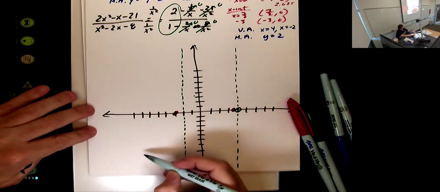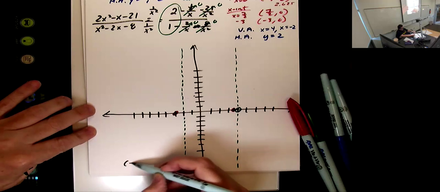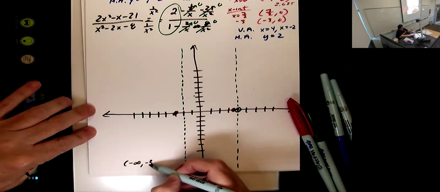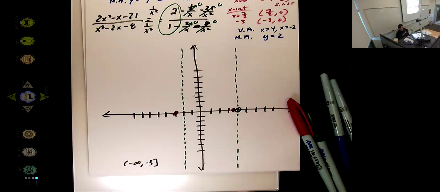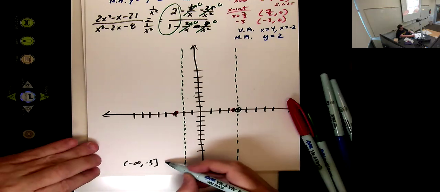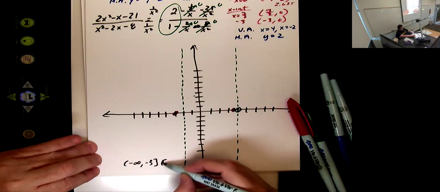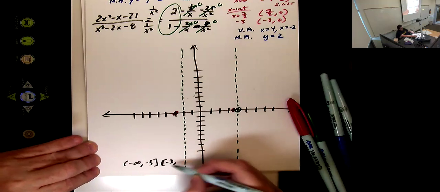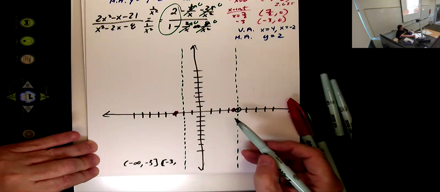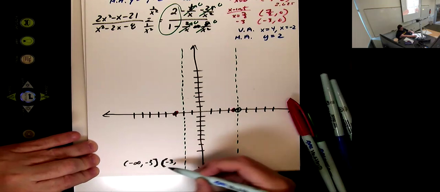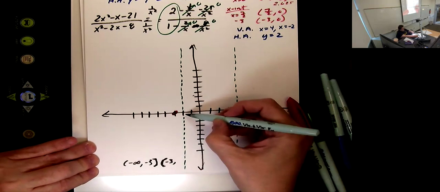So the regions we're checking are -∞ to -3, and then -3 to -2, where at -3 it's 0, so we'll use parentheses.